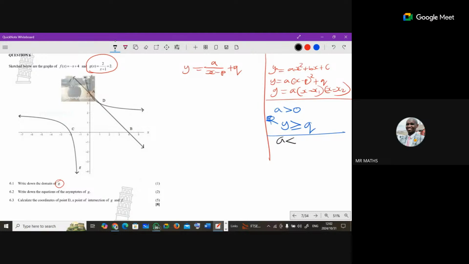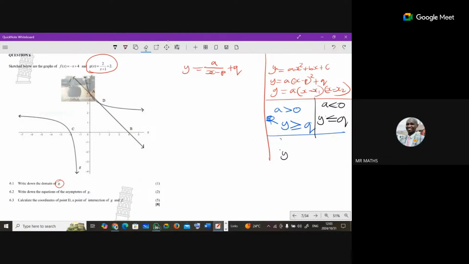So when a is less than 0, the range of y will be less than or equal to q. Are we together?